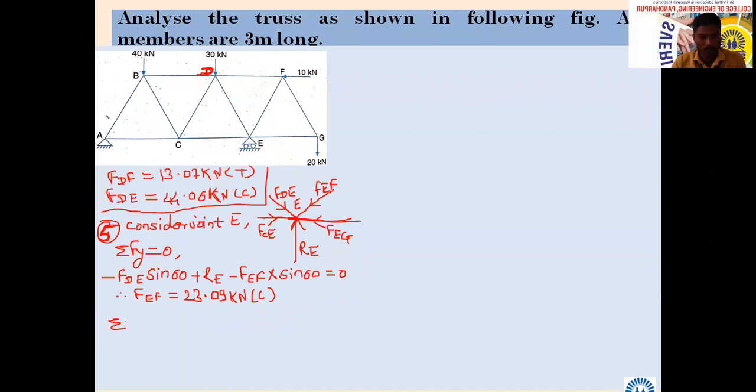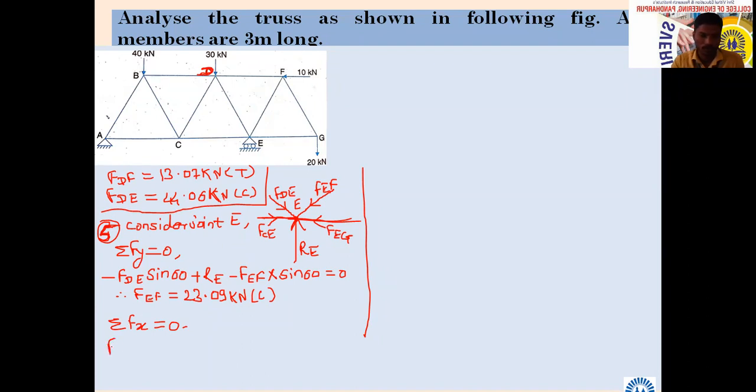Summation of Fx equal to 0. Who will tell me the equation? Will RE come in that equation? No, sir. It will not come. Tell me the x component of FDE force.